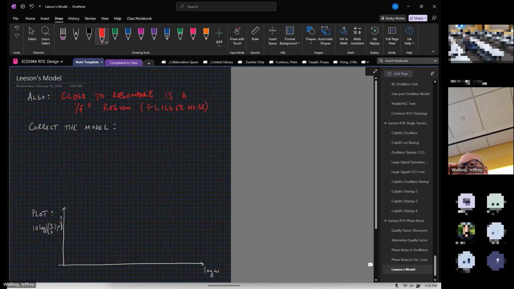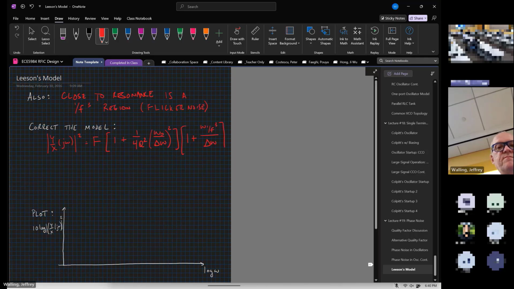Okay. All right, so to correct the model, we just make our transfer function y of x of j omega squared equal to f times 1 plus 1 over 4Q squared times omega naught over delta omega squared, times 1 plus omega 1 over f cubed over delta omega.